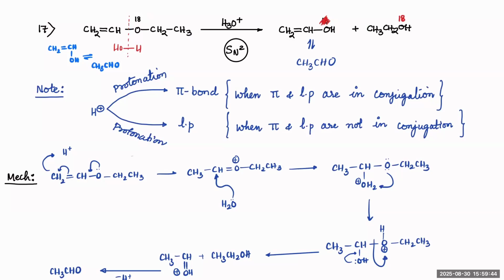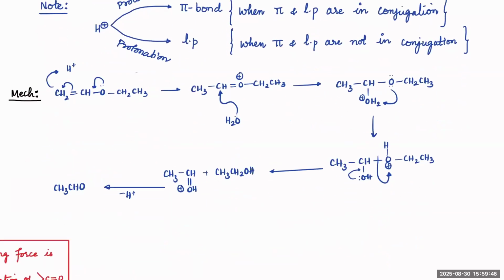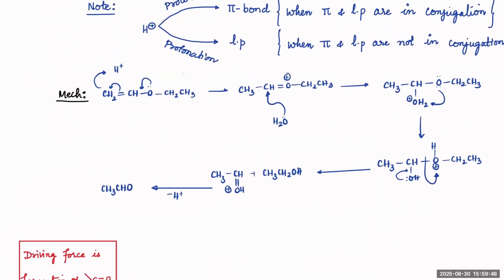Now let us understand how this happens. In the mechanism, at the vinylic position, oxygen will always favor resonance. So when H plus approaches, since this lone pair is busy in resonance, the carbon will attack the H plus first. It will become CH3, with partial double bond character and oxygen getting a positive charge.